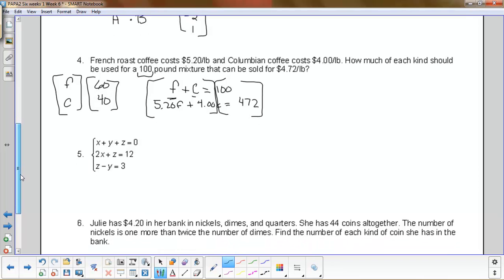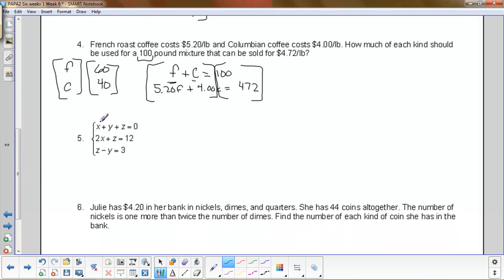Alright, number 5. You'll notice that the matrix thrives on structure. Notice that there is not structure in this particular array of values or system of equations. There are missing variables. If you do not account for those missing variables in your matrix, the matrix will not work.